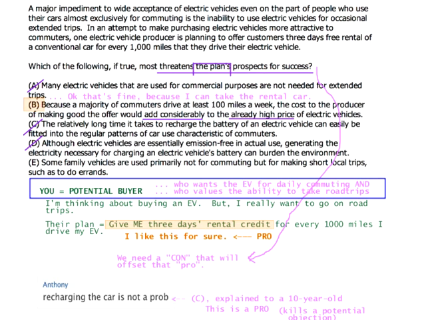This is irrelevant to you because you are somebody who does want to use the vehicle for commutes. This just says there are people who don't want to use it for commuting. But that's fine. That's not you. That's them. That's the other guy.